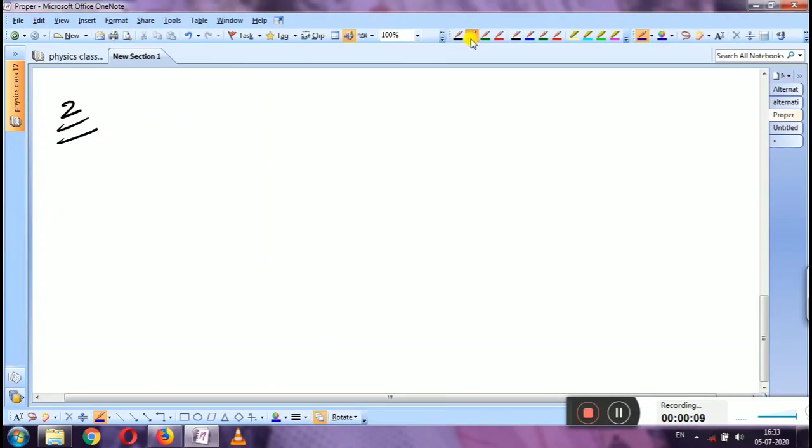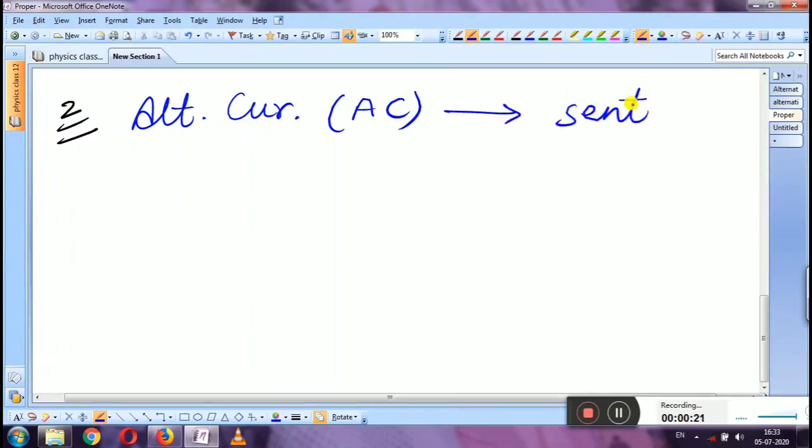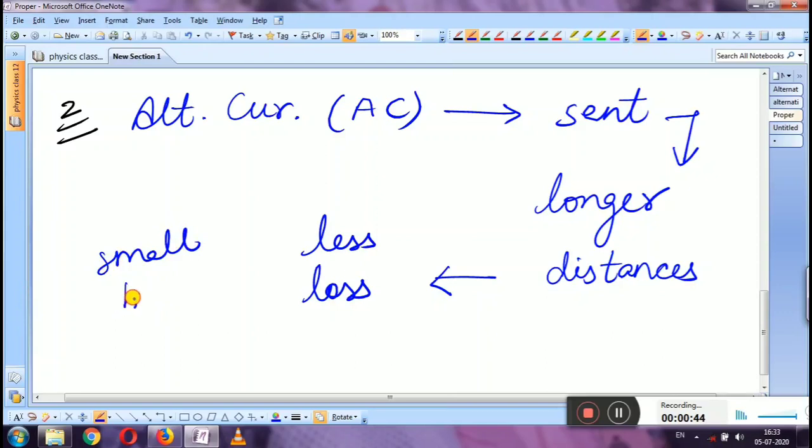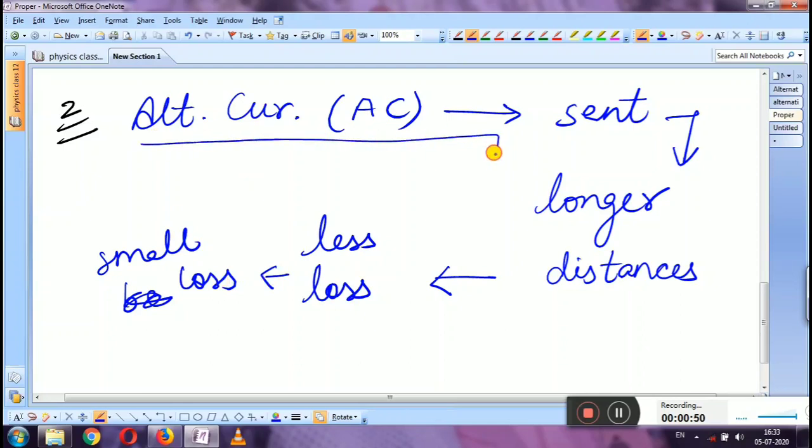It could be that alternating current, you can also write it like AC, AC can be sent, or you can say can be transmitted to longer distances with less loss, or you can say after bearing small loss, you can send or you can transmit alternating current to longer distances.